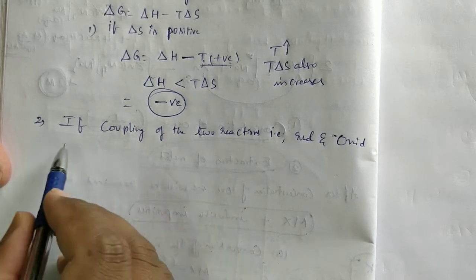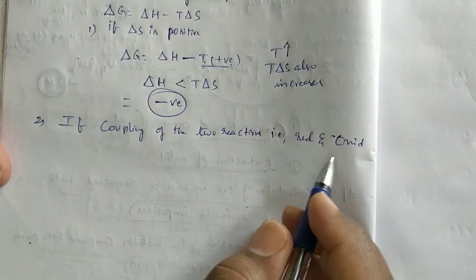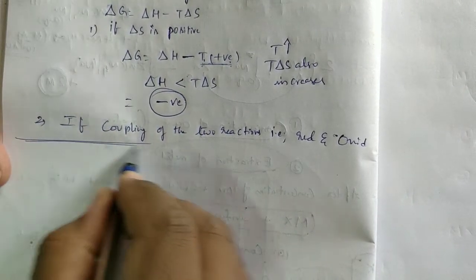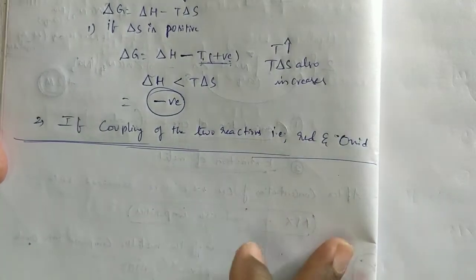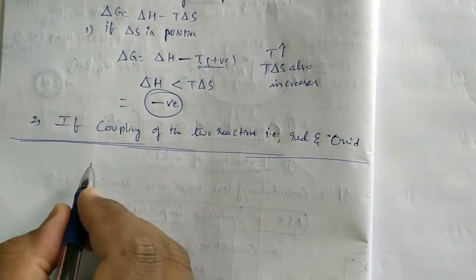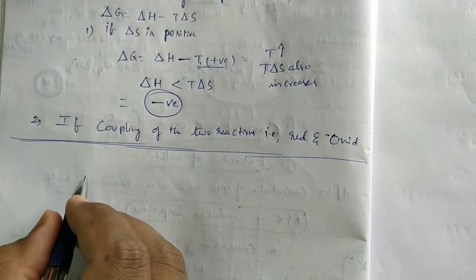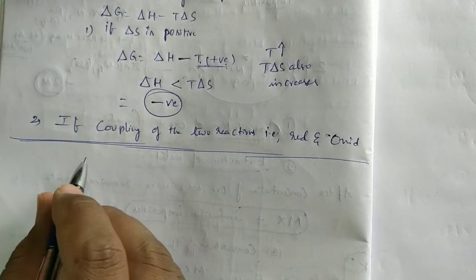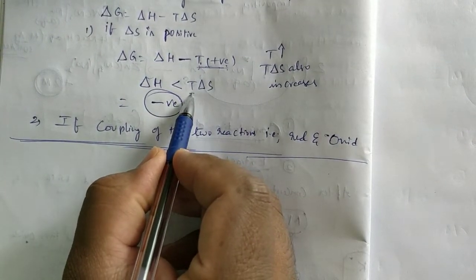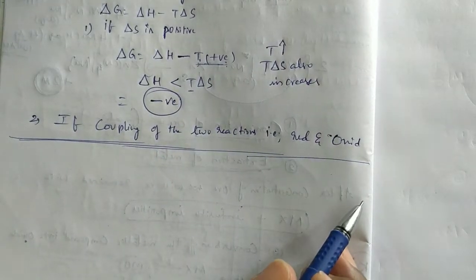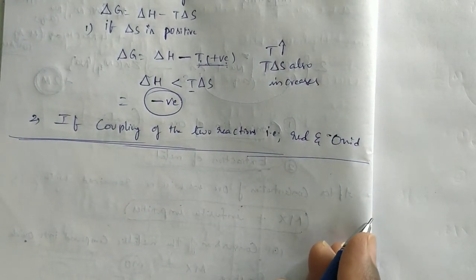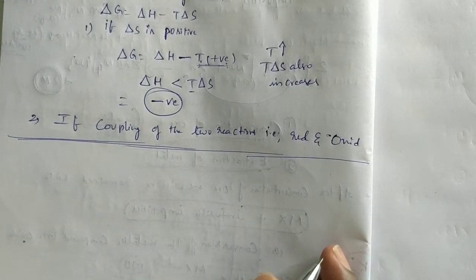Now, in today's class we will continue with the coupling of the two reactions, that is reduction and oxidation. Before going to that, selection of reducing agent means, depending on the temperature range, which reducing agent we can select, and at what temperature we can take that reducing agent.